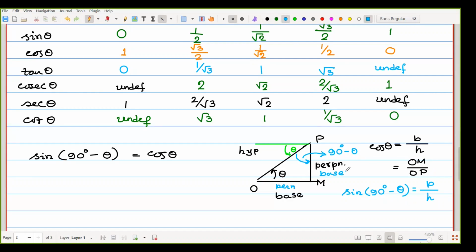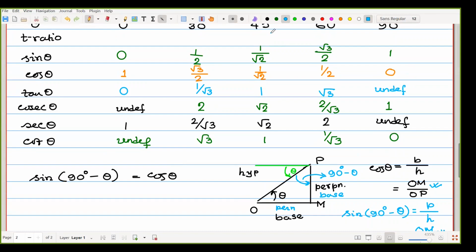Now for the 90 degree minus theta angle, sine of 90 degree minus theta means perpendicular by hypotenuse. Now perpendicular is here OM and hypotenuse is OP. So both have the same value, OM by OP. So we can say sine 90 degree minus theta is equal to cos theta.